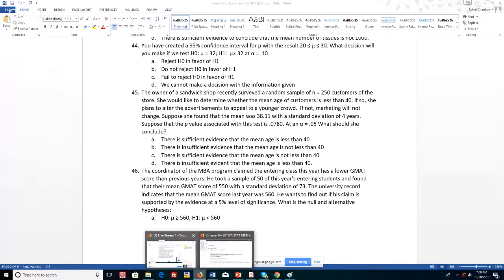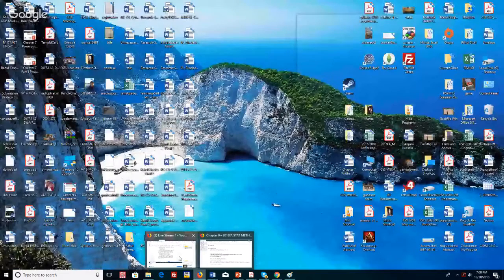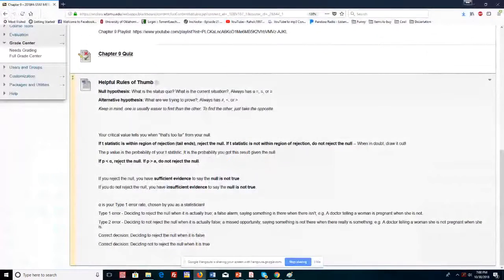Okay, so going back to our rules here, what do we do? We will reject the null if your p-value is less than your alpha, but if your p-value is greater than your alpha, then you do not reject the null.